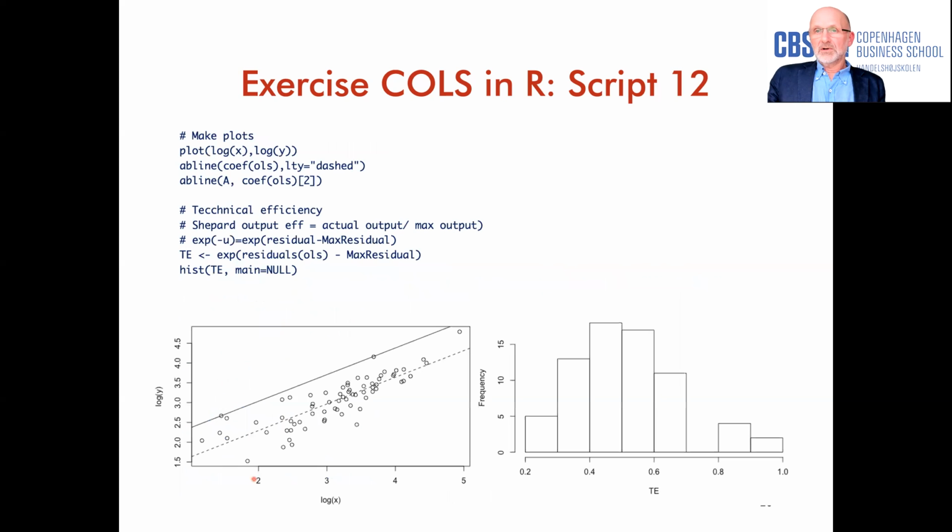You can also plot the lines; I plot both the original line and the COLS line. And you can then calculate the Shephard output technical efficiency as the exponential of the residual minus the maximum residual. If you do that, you get this distribution of technical efficiencies. So here was the OLS and here's the COLS.